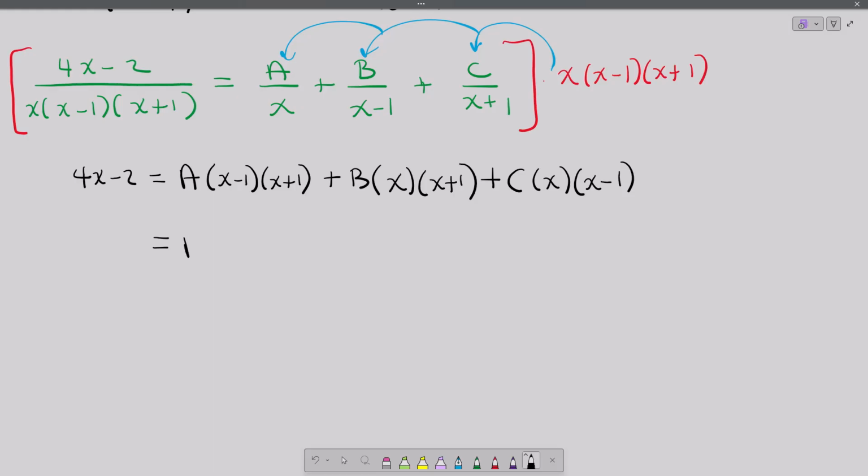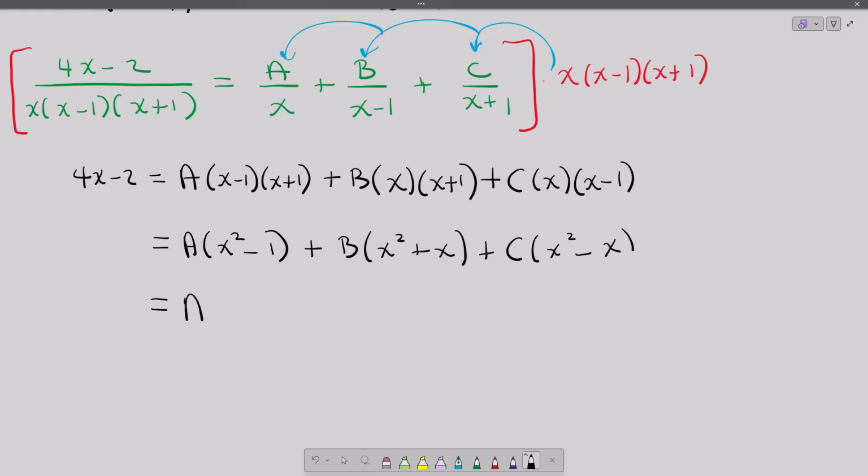So we have to multiply this out. When we multiply this out, we're going to end up with this. We're not quite there yet, but we're getting there. So we have that. Let's see if we can do this in one step here.